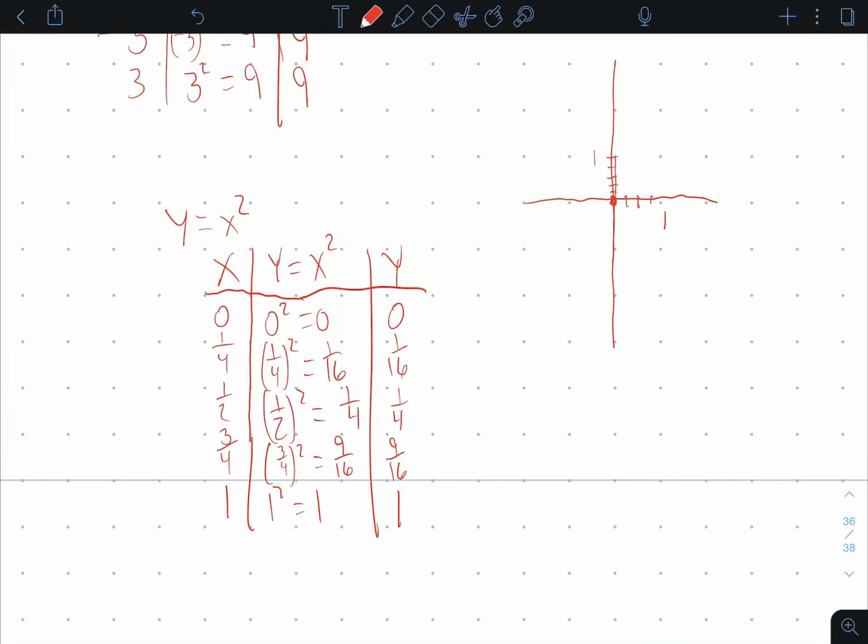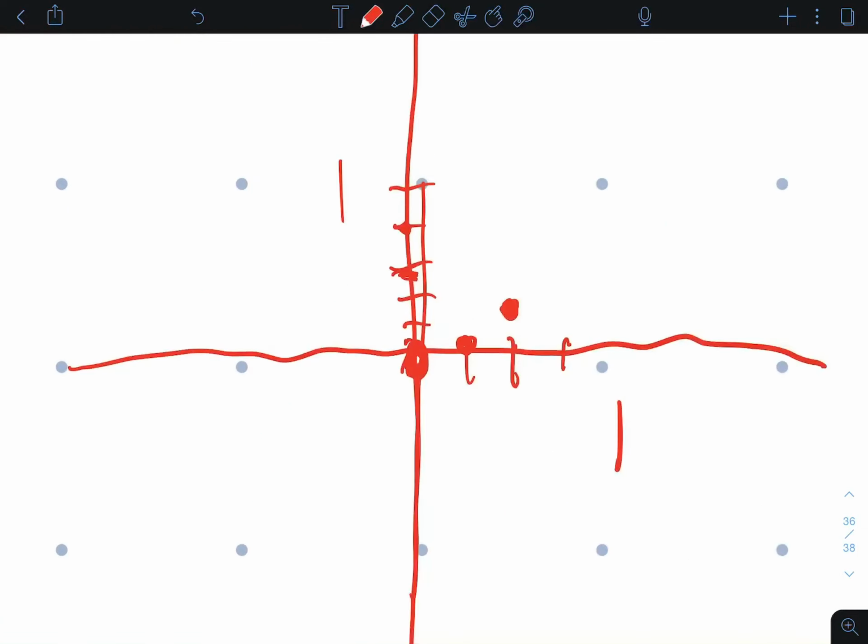1/2 for x goes with 1/4 for y. 3/4 for x goes with 9/16. So right here was 3/4. 3/4 would be 12/16. Down here is 1/2, which would be 8/16.